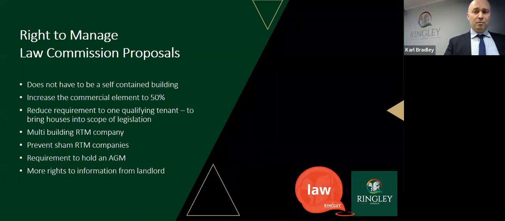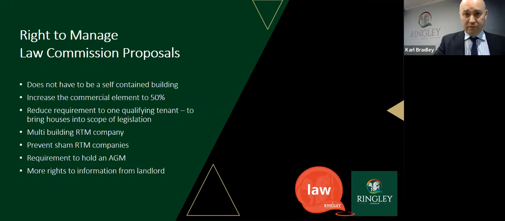So under the Law Commission proposals, there was a Law Commission consultation period which ended at the start of this year. They brought in a long list of proposals. This is a summary of one of the bigger, more important ones, in my opinion. They're looking at removing the need for it to be a self-contained building. So if there's an overlap across another building, perhaps you'll be better qualified. We're also looking at increasing the commercial element to 50%.